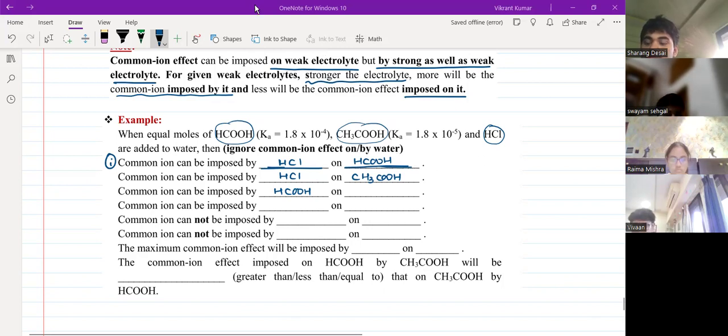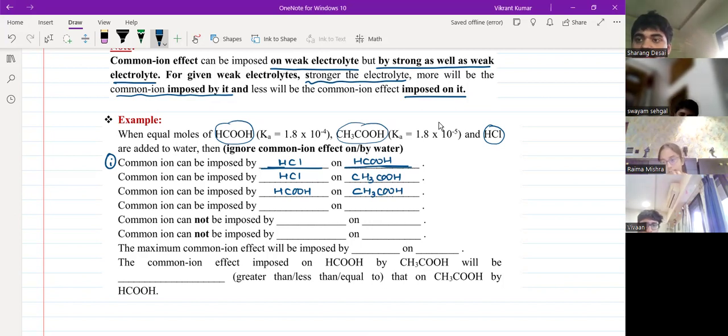Okay, I've got the answers. Many people have answered already. So basically it can impose common ion effect on CH3COOH, but can it impose common ion effect on HCl? No, because HCl is a strong electrolyte. If I write here CH3COOH, can it impose common ion effect on HCl?